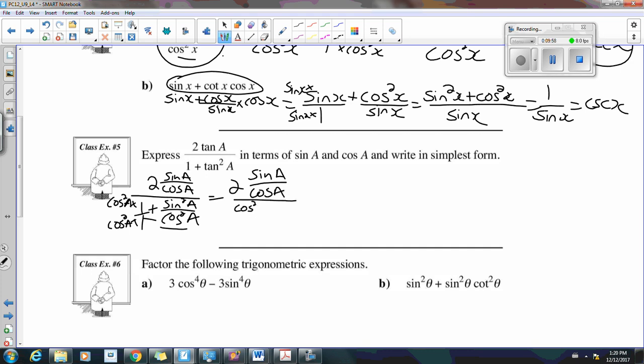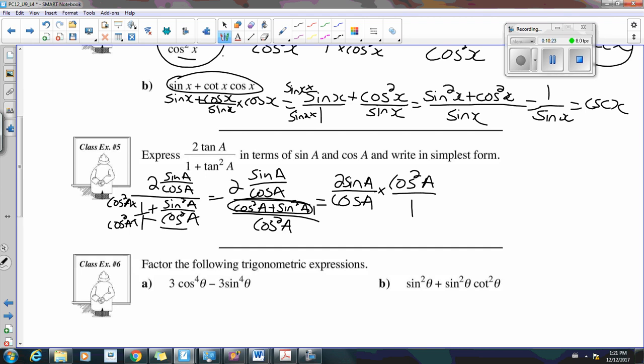So now my denominator is cos squared A plus sine squared A over cos squared A. Well, we know that this is equal to 1. So 2 sine A over cos A, divided by 1 over cos squared A, is the same as multiplying by the reciprocal, cos squared A over 1.